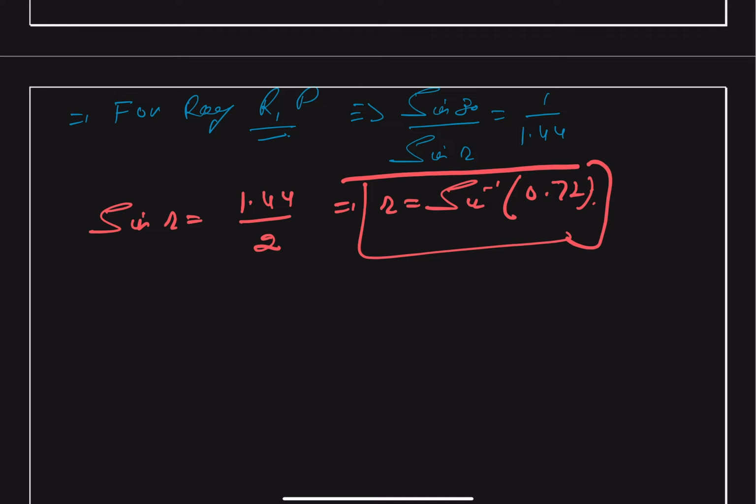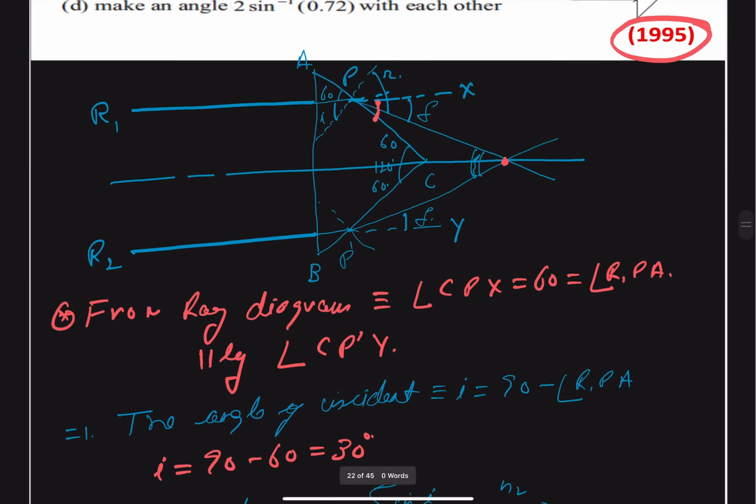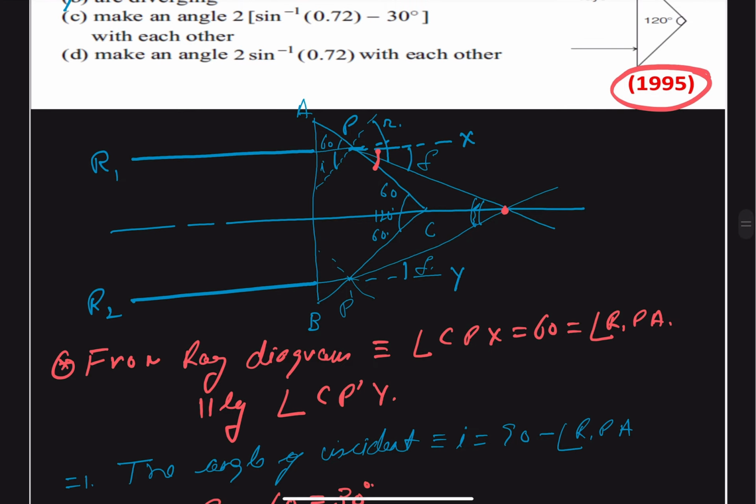We are mainly interested in the angle which the rays are making with the horizontal, because R1X is parallel to our principal axis. So this is our principal axis. Let us call this SS1, and this angle will be delta, and accordingly this angle will also be delta, and the same reversely for the other side.